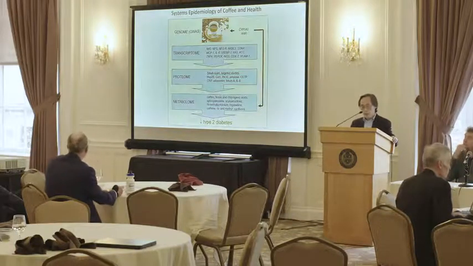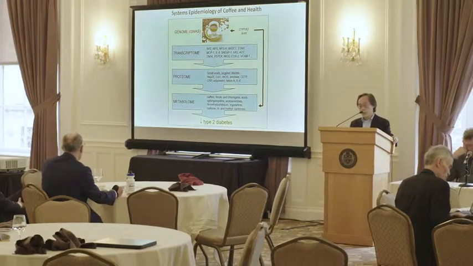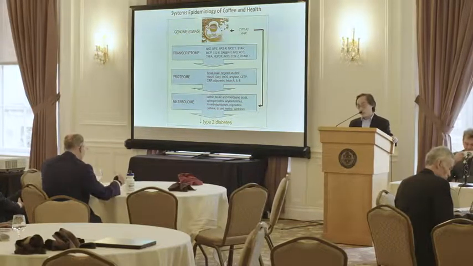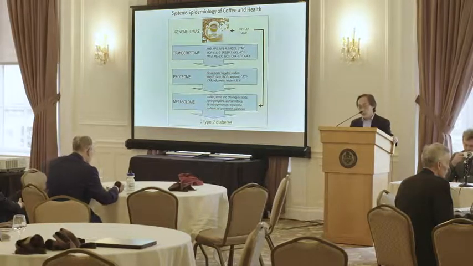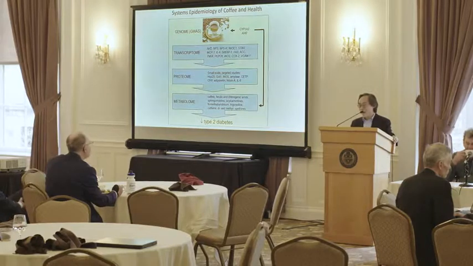Just a quick example of how this approach has already been applied to some of the nutritional factors. Many studies have shown that regular consumption of coffee is associated with lower risk of developing type 2 diabetes and cardiovascular disease. Almost too good to be true, right?